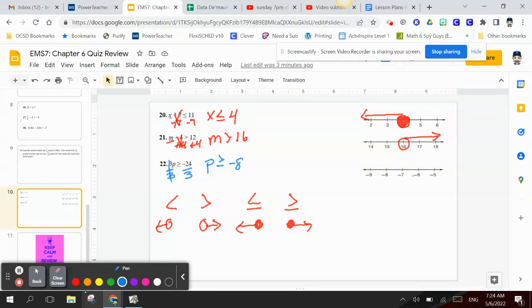So I find negative 8 on my number line. I circle it. I look at my inequality. It's greater than or equal to. So that means I have a shaded in circle and my arrow is pointing to the right.